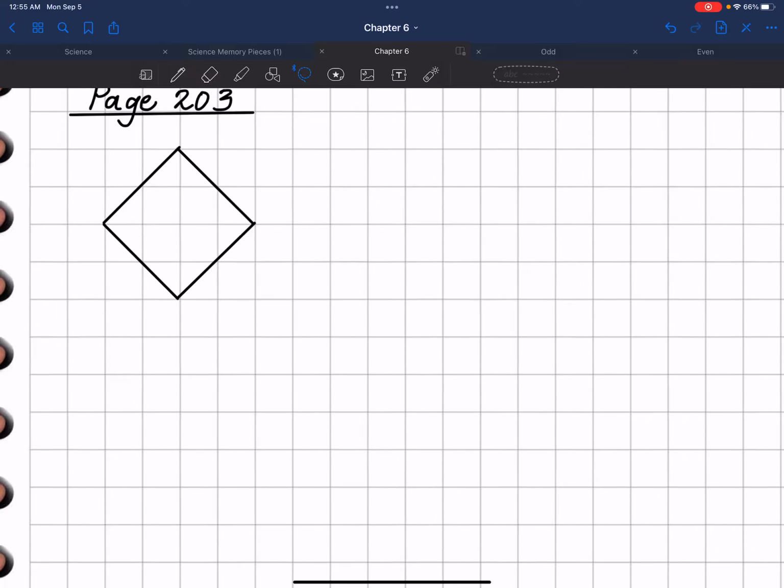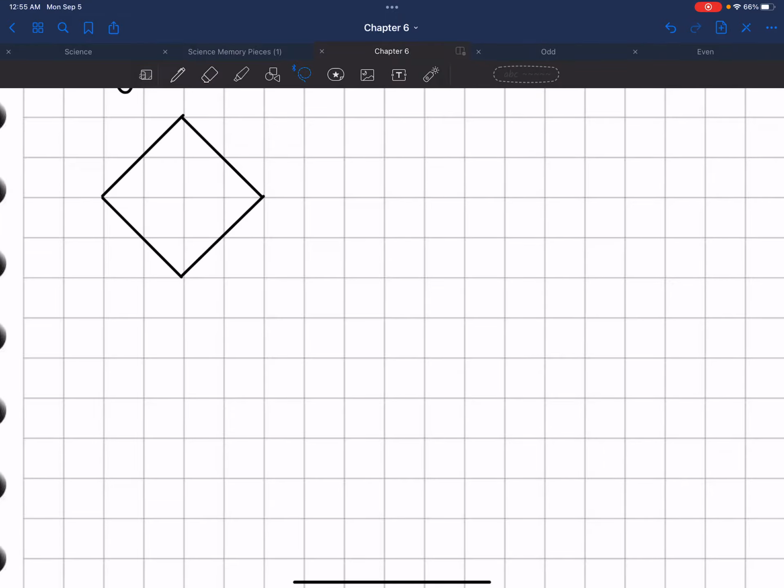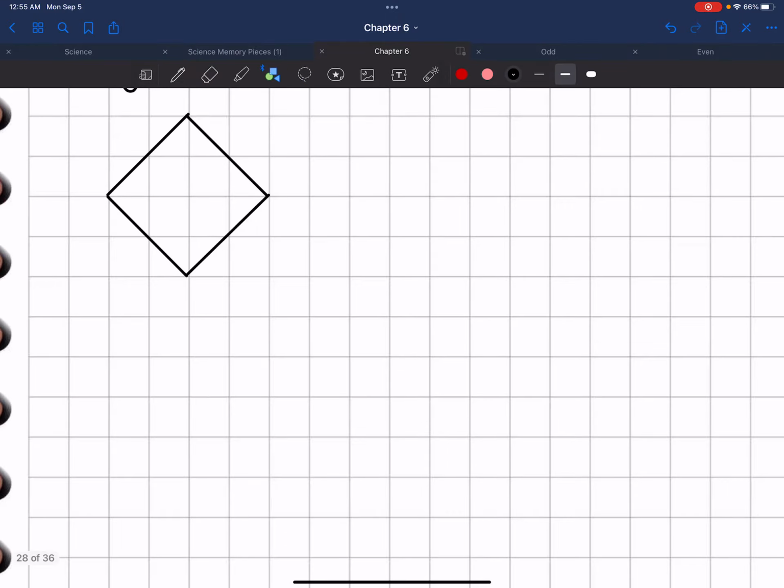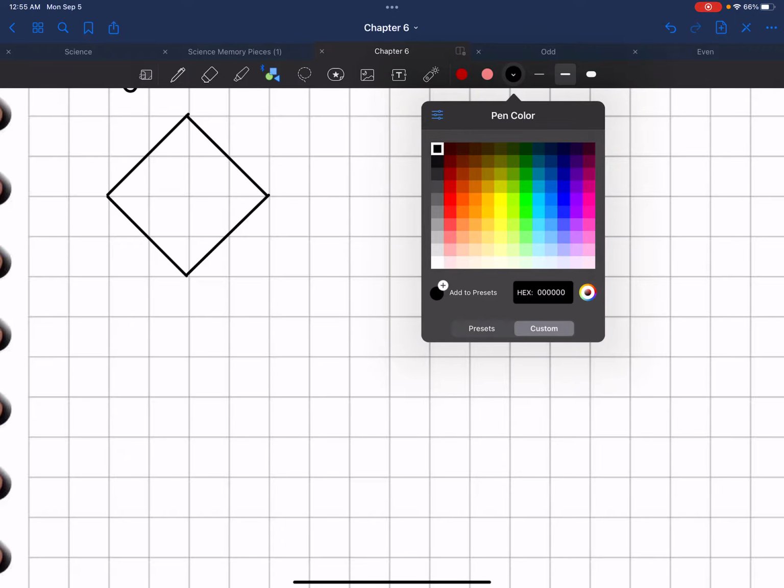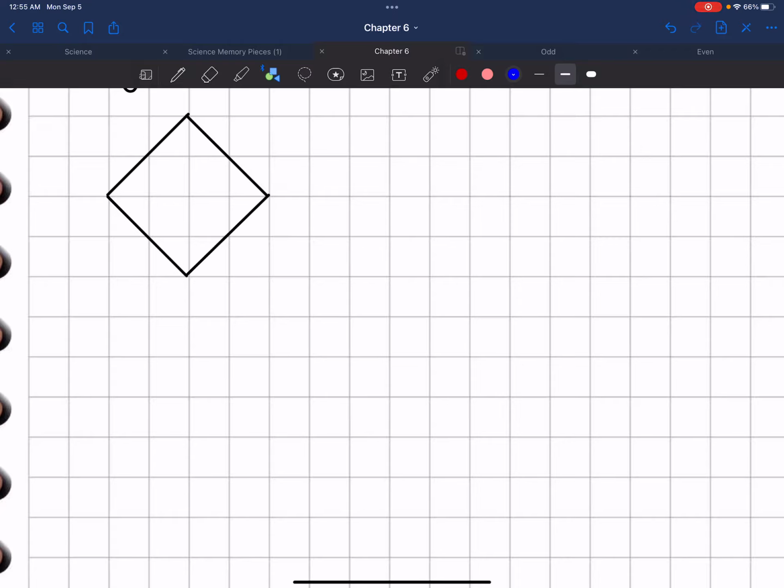Would you agree with me that if this blue line I'm about to draw were a mirror, that we would have a mirror image? The blue line I'm about to draw is a mirror. Do we have the same shape on top and bottom? Exactly the same shape on top and bottom.